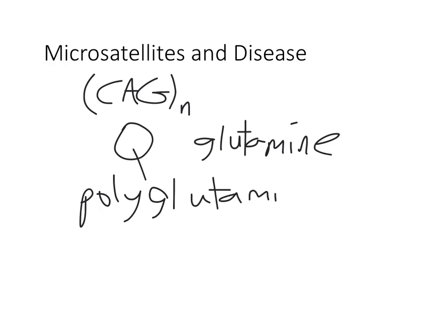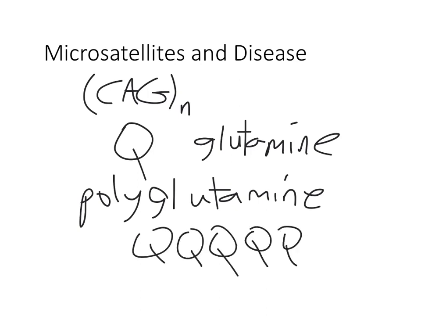So this microsatellite, this grouping of 3, because 3 nucleotides is a codon, when they're found inside genes, if there are lots of CAGs in a row, they can encode proteins that include long stretches of the amino acid glutamine. 7, 10, 20, 30, 40 glutamines in a row in the middle of a protein. Our genes are meant to have these glutamines normally. The problem is, and we talked about this a little bit during DNA replication, that DNA polymerase sometimes gets lost, so to speak.